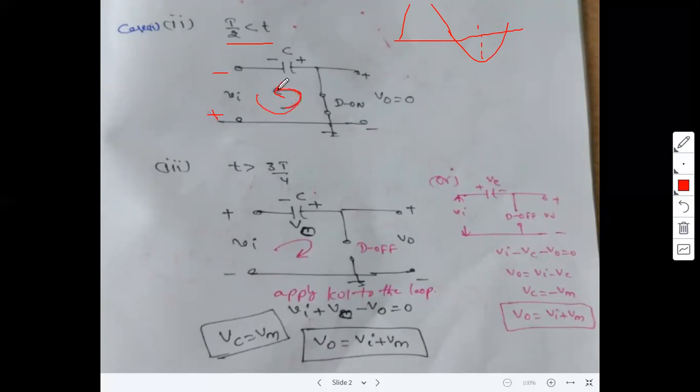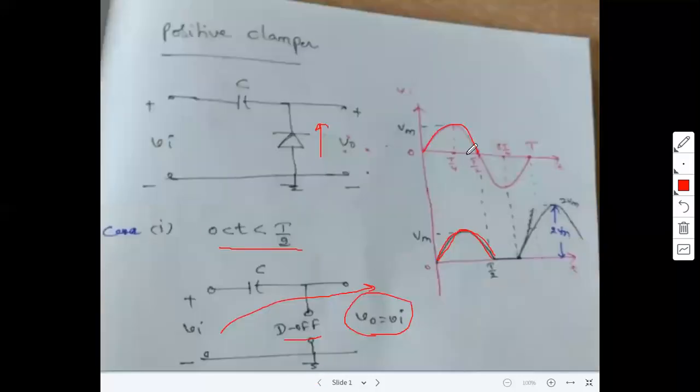Now the current flows to the capacitor and the capacitor tries to charge. When diode D is on, the output is equal to 0. Remember this. During this portion, diode D is on, forward biased, and the capacitor tries to charge with this polarity.